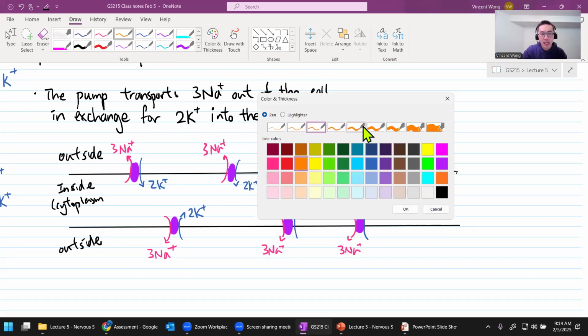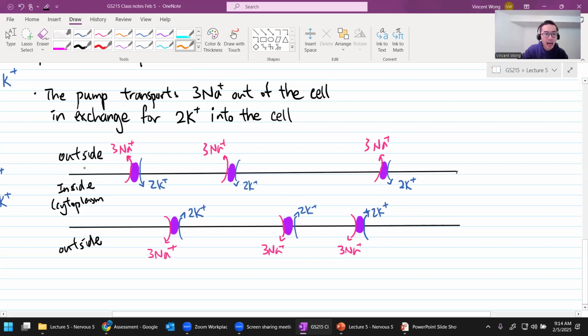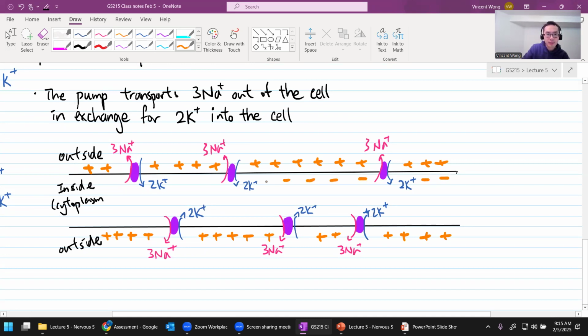So over time, the outside is going to be more positive, which means the inside is more negative.